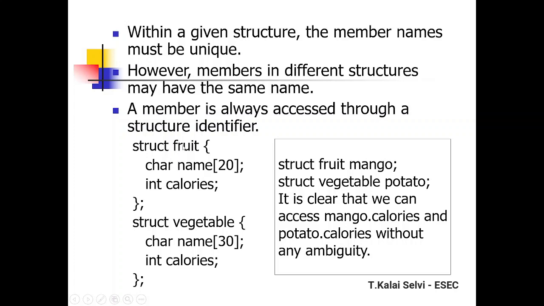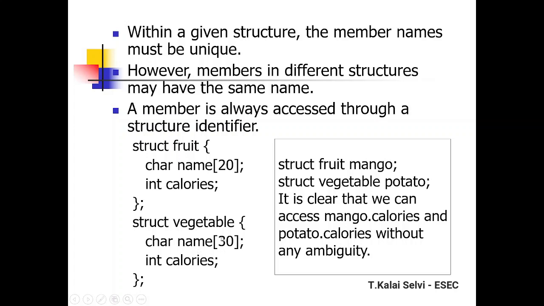Consider here we have two structures. One structure is named fruit, another structure is named vegetable. Here we have the data members name and calories for the fruit structure. The same data member names are used for the vegetable structure also.